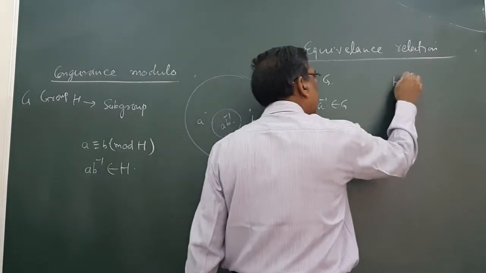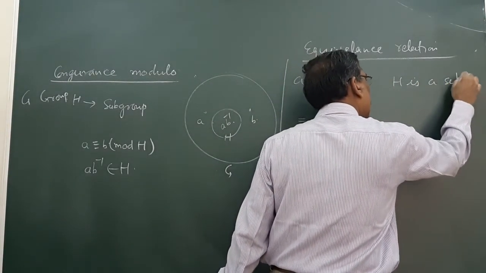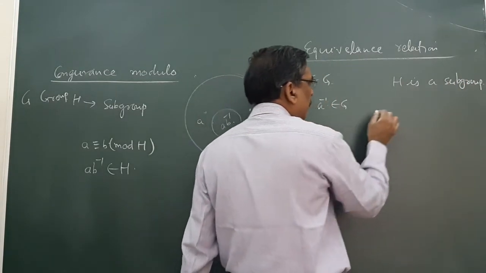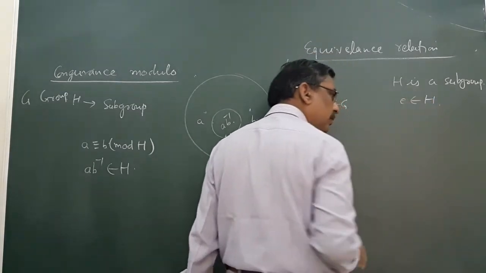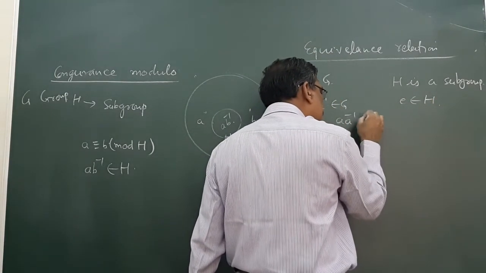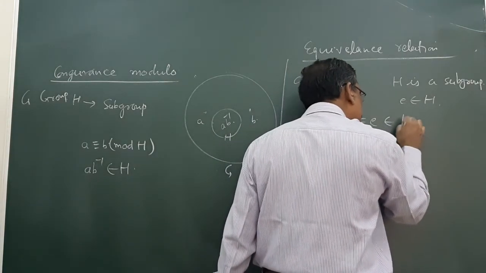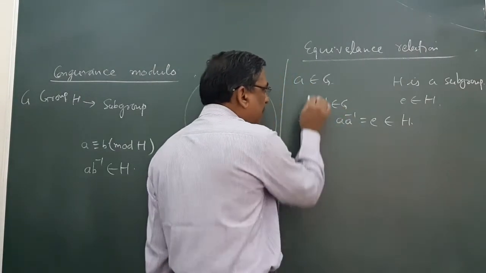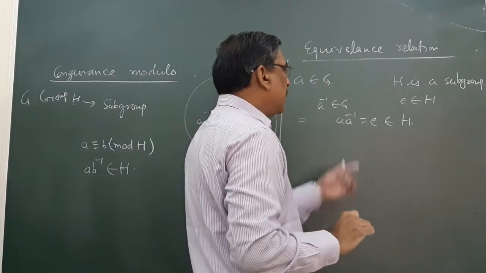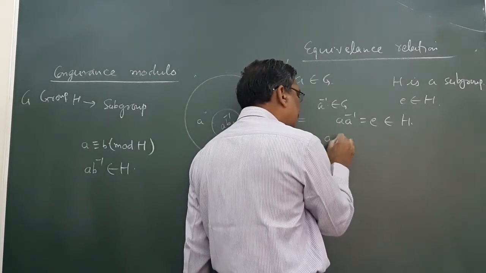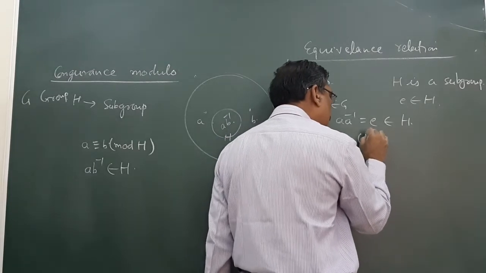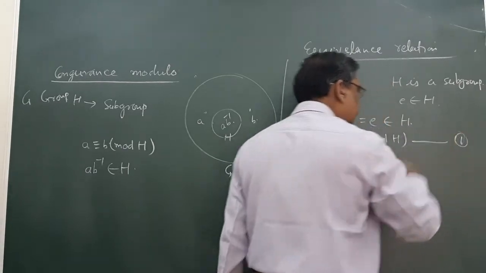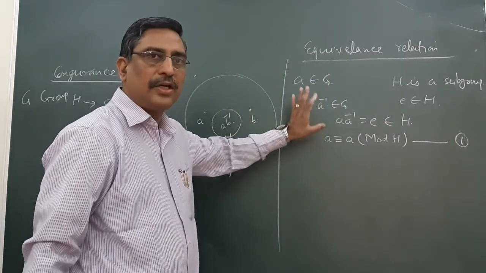H is a subgroup, so identity belongs to H, and A A inverse is equal to identity, which belongs to H. Therefore, AA inverse belongs to H, so from here I can write the result A is congruent to A under mod H. This shows us the reflexive relation.